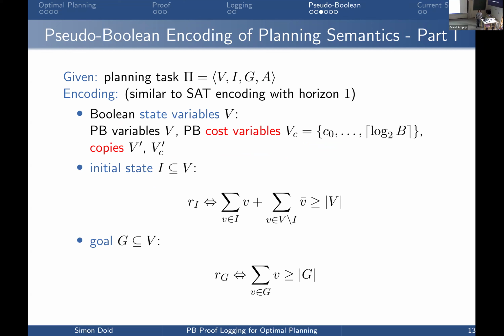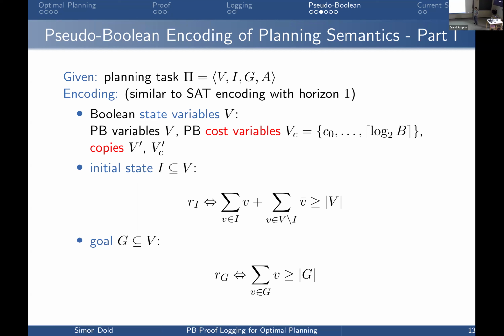So how do we do this pseudo-Boolean encoding of the planning semantics? So we are given for that planning task, and we use the state variables v as base blocks for all our pseudo-Boolean circuits, together with some cost bits VC that encode the cost that we are considering at the moment.